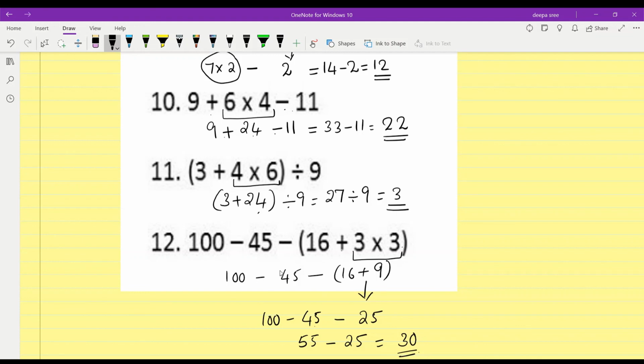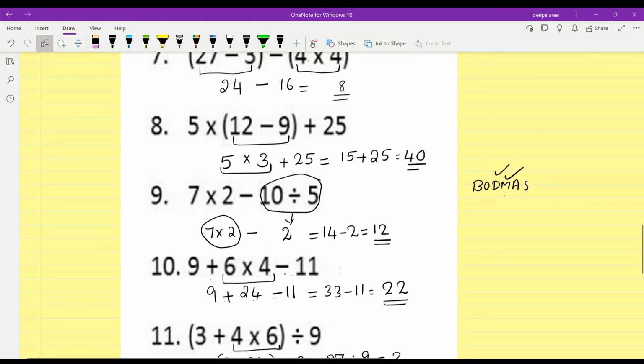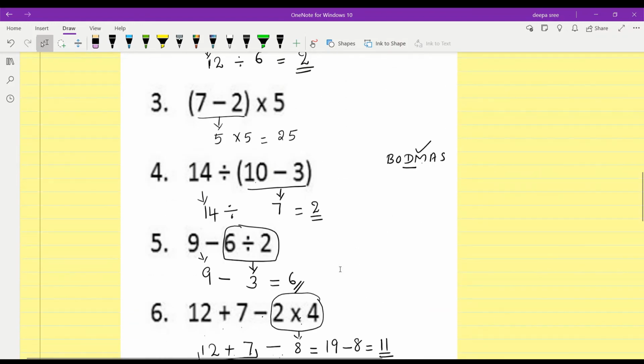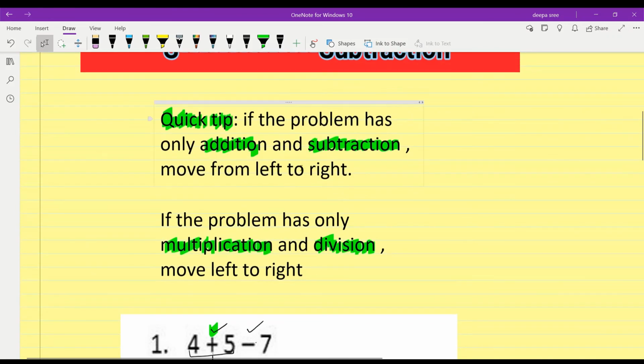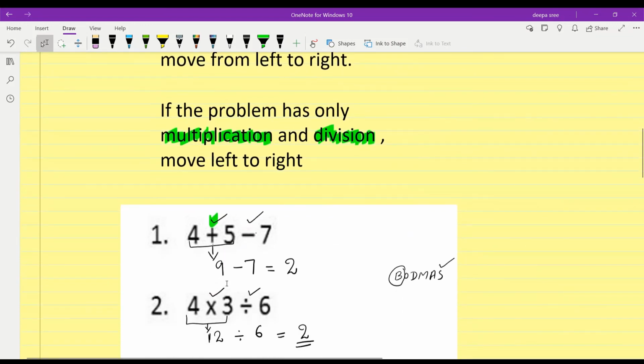So practice this type of questions, different types with bracket and without bracket. First, once more I will say, first step you have to identify whether only addition and subtraction or multiplication and division in the given question. If only addition and subtraction, you have to simplify from left to right, and multiplication and division also you have to simplify from left to right.